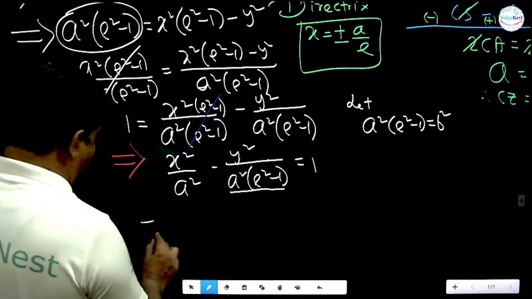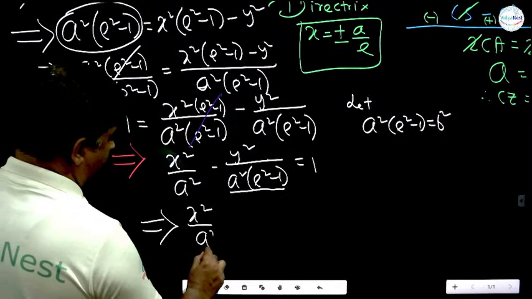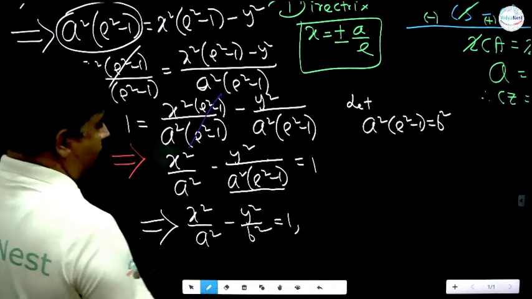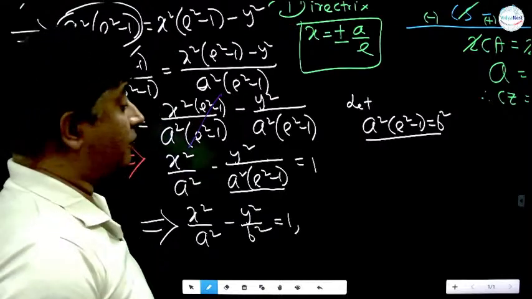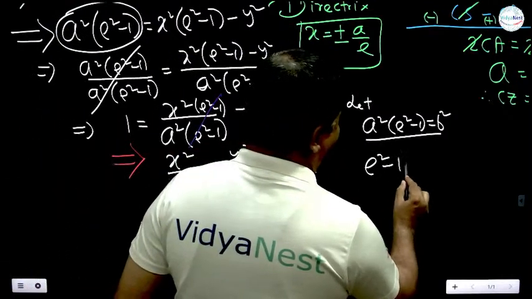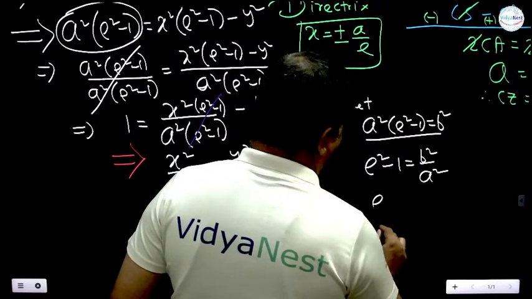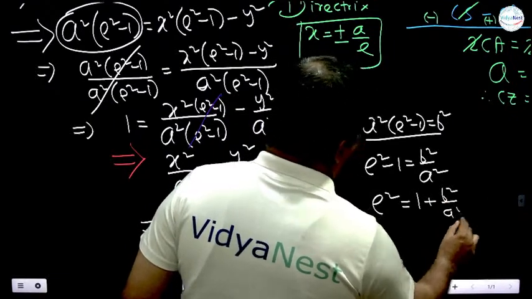this equation of hyperbola has become x square by a square minus y square by b square is equal to 1. Where? From here, what I can get? I can get the value of e. E square is what? 1 plus b square by a square.